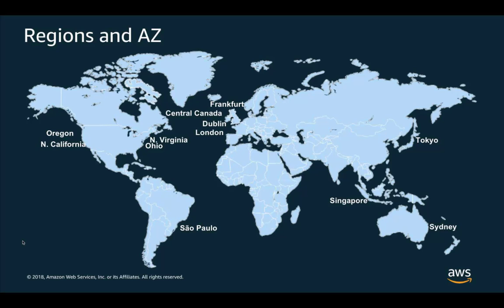In Europe, we have support in Frankfurt, which is EU Central 1, EU West 1, Ireland, and EU West 2, London region. In Asia, we currently support AP Northeast 1, which is Tokyo, and AP Southeast 1, that is Singapore. In Australia, AP Southeast 2, Sydney is also covered.